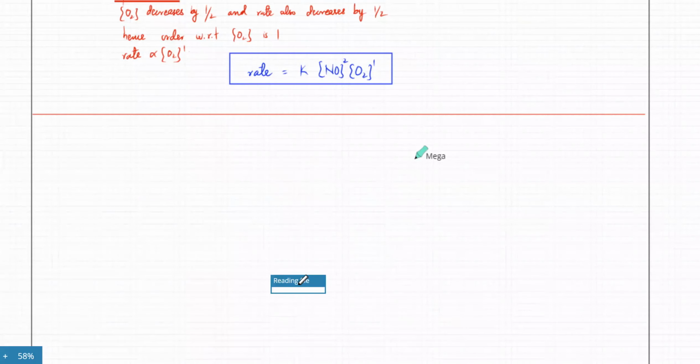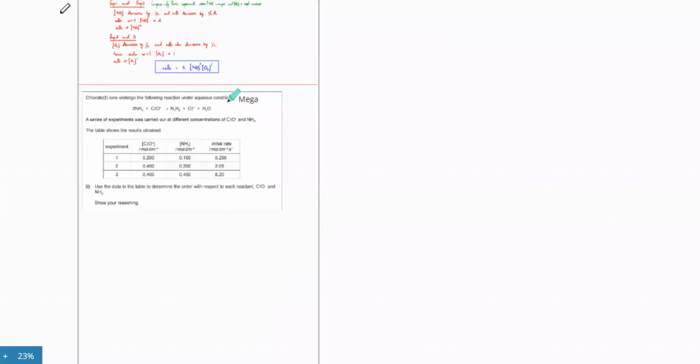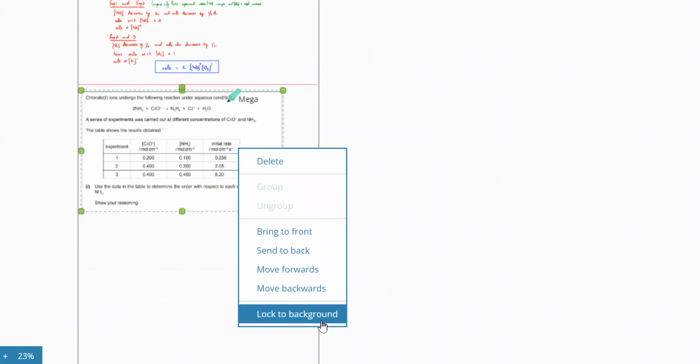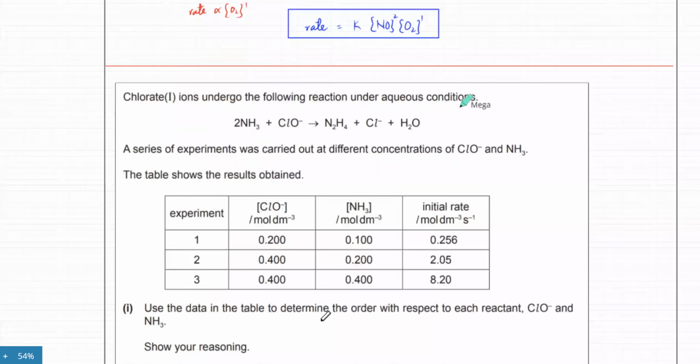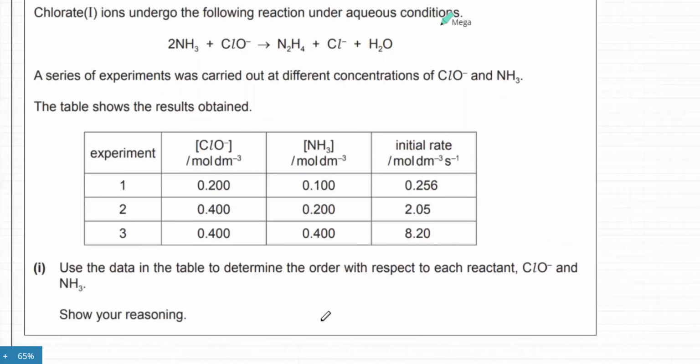of the reaction is going to vary. So the reaction over here has two reactants. One of them is this, the other one is this one. So we can say that the rate of the reaction depends on both reactants.